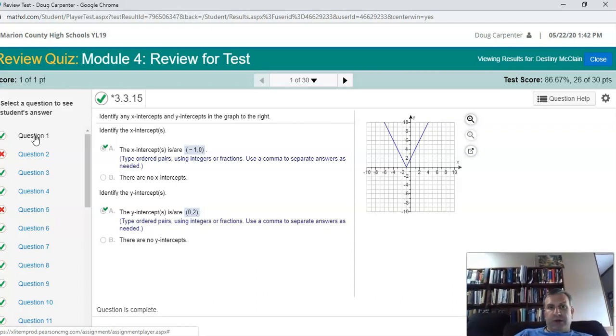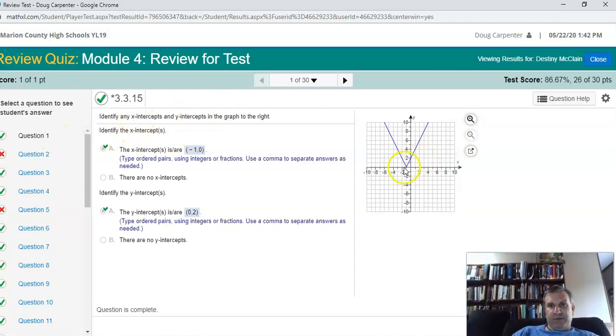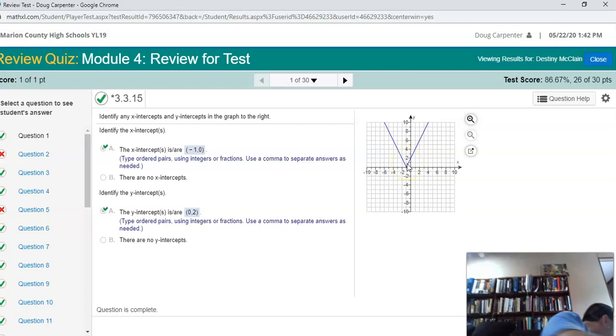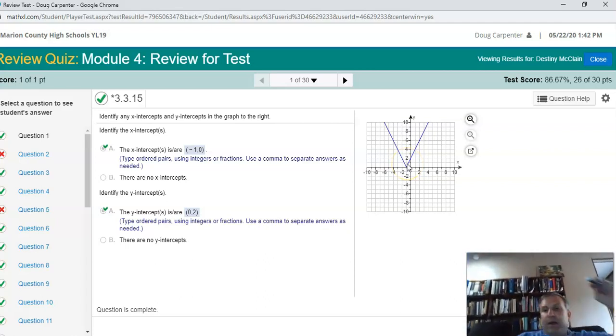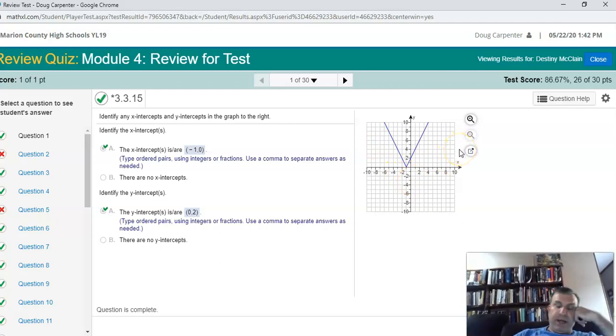All right, so if I'm looking at the x and y intercepts, my x-intercepts are -1 and 0. Now you're going to have another one that's going to show you like this, and on the test, it's going to have all three intercepts, and you've got to be able to pick them out.